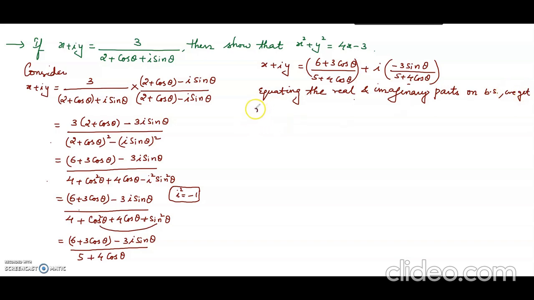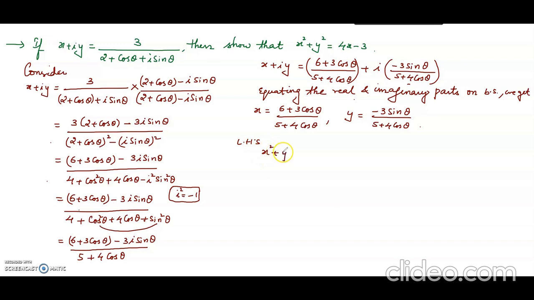We get the real term x value as 6 plus 3 cos theta by 5 plus 4 cos theta, and the value of y, comparing on both sides, is minus 3 sin theta by 5 plus 4 cos theta. Now the requirement is to show that x square plus y square and 4x minus 3 both are equal. So let us take down the left hand side here.